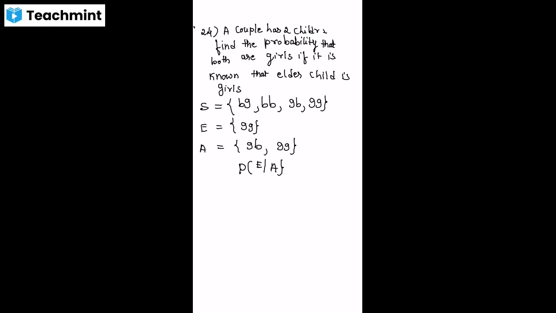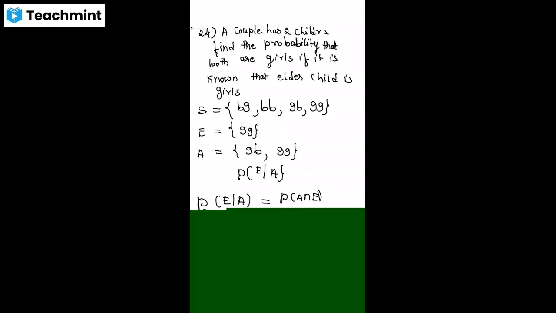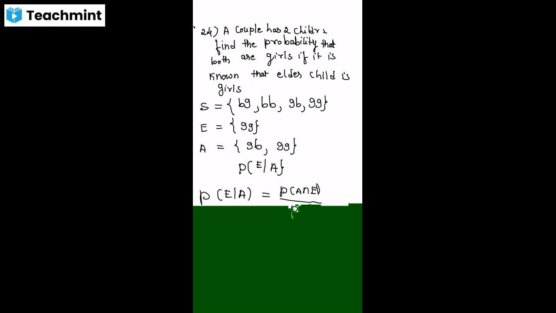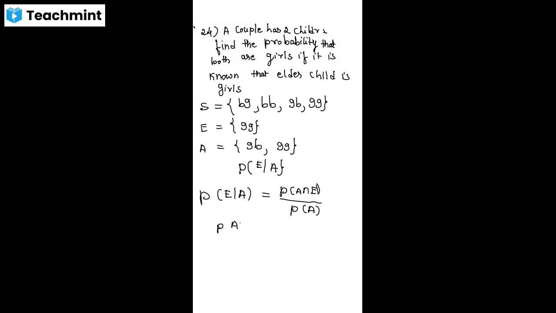We have already known the formula for conditional probability. Probability of E conditional on A is equal to probability of A intersection E divided by probability of A. Here, A intersection E: what is common in A and E?